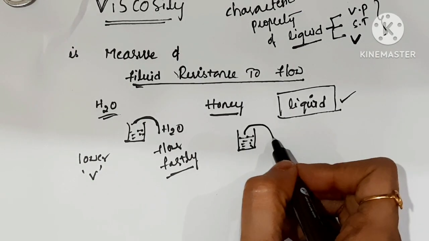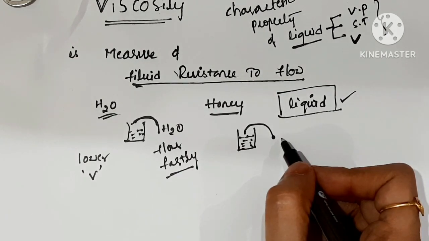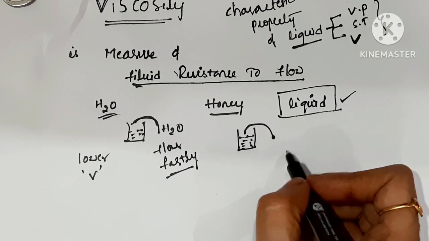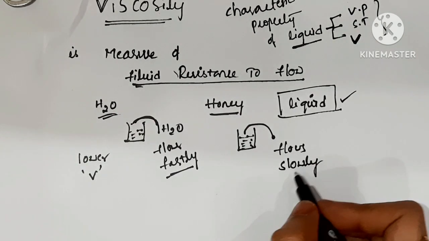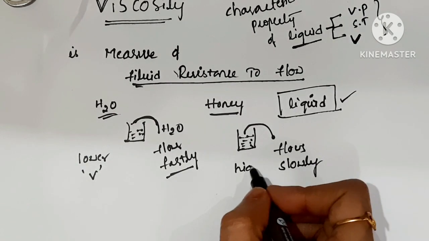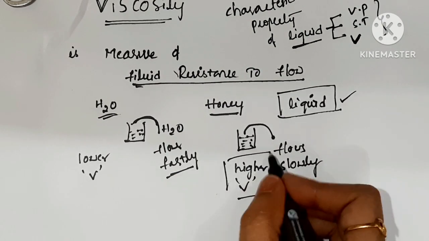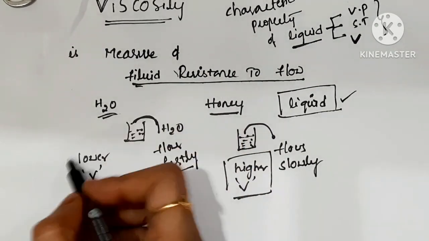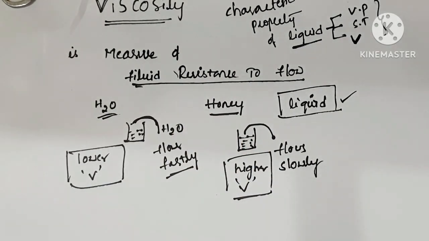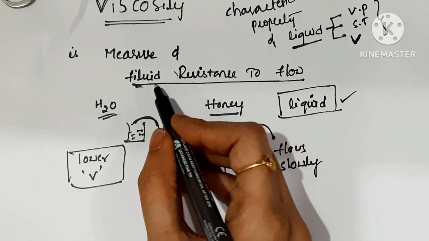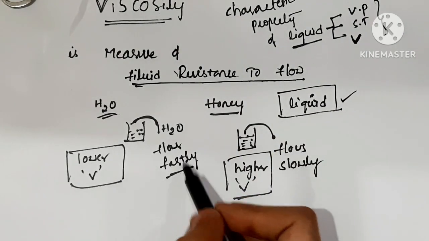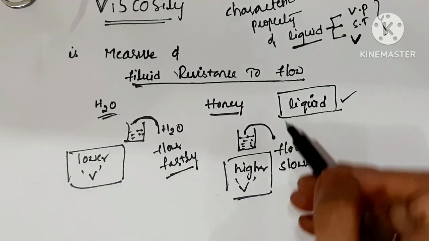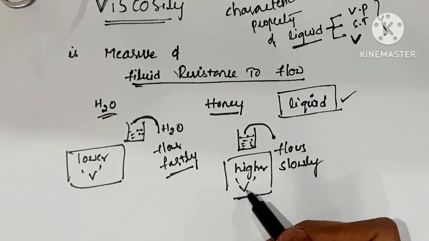When we bend this honey bottle and pour some honey outside, what happens? The honey flows very slowly. That means higher viscosity in the case of honey, whereas water has lower viscosity. Viscosity measures the fluid's resistance to flow. Water flows very fast, so lower viscosity. Honey flows very slowly, so higher viscosity.